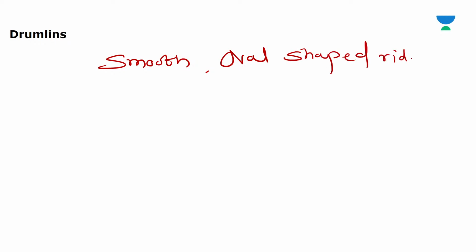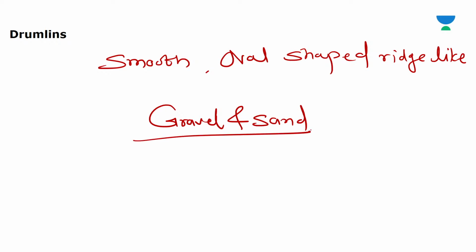Now friends, the drumlins are smooth oval shaped ridge-like features composed mainly of glacial till with some masses of gravel and sand.